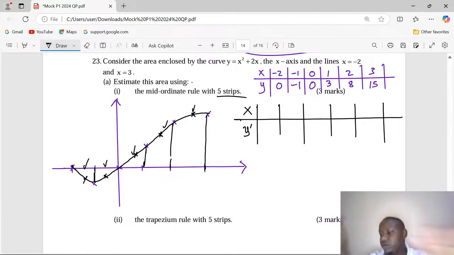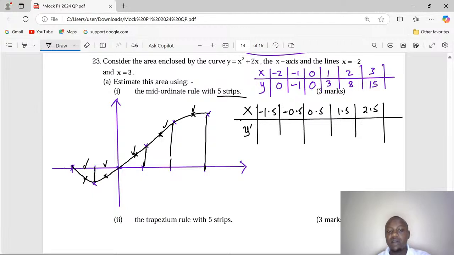The middle value of the first means between -2 and 1, which is -1.5, then -0.5, 0.5, 1.5, and 2.5.